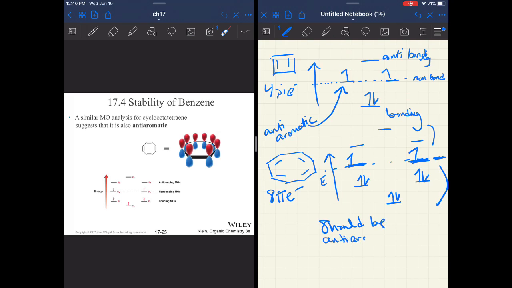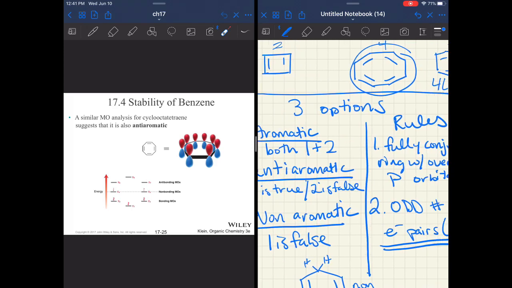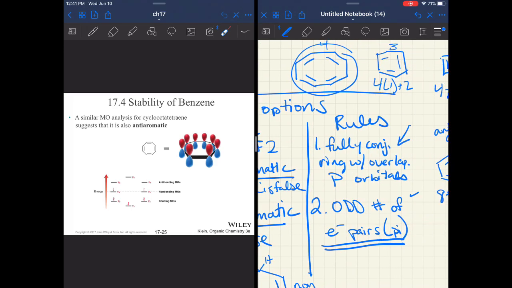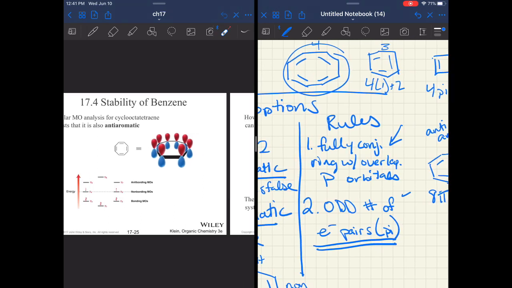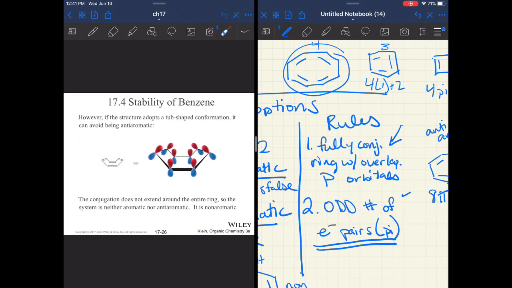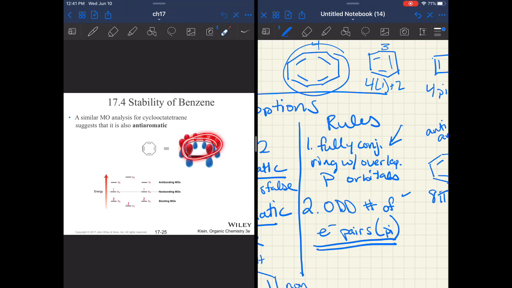And I'm going to explain to you why I would expect you to tell me that it's anti-aromatic. One of the rules for being aromatic is to have a fully conjugated ring with overlapping p orbitals. Well, that only happens if this is flat, if your cyclooctatetraene is planar.